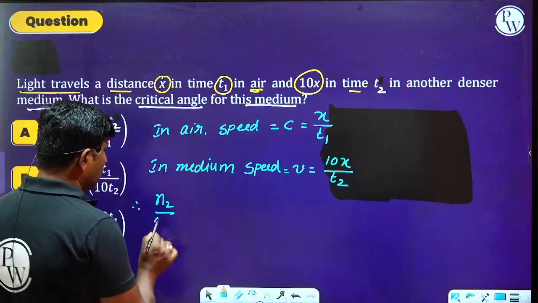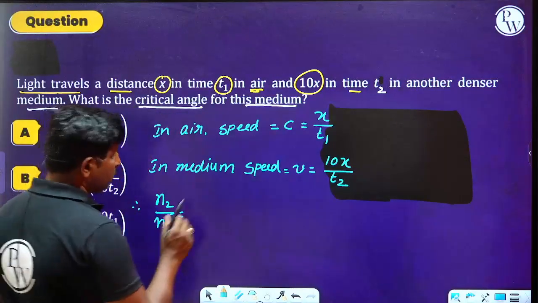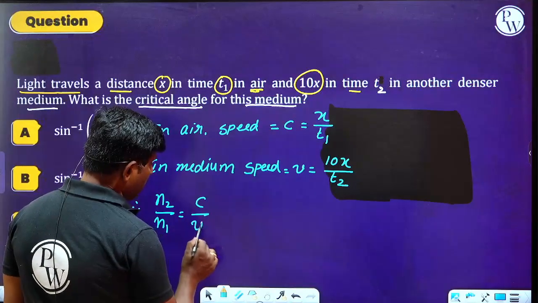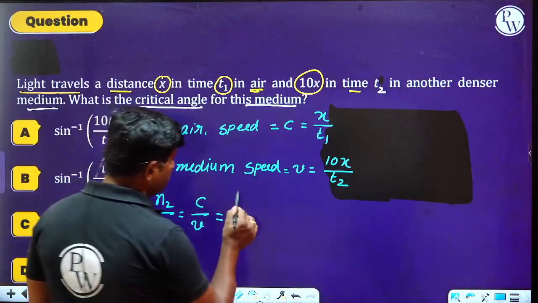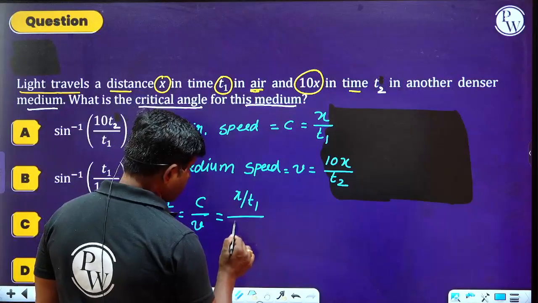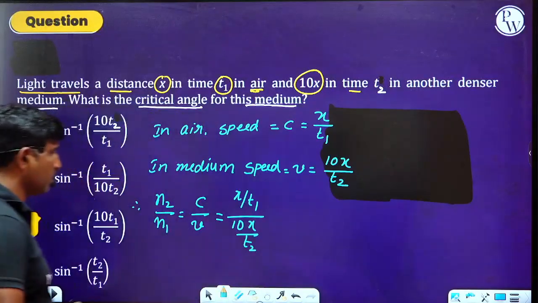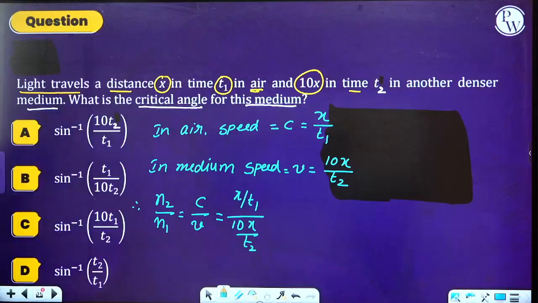That is n2 divided by n1, which is equal to c by v. Here c is x divided by t1, and v is 10x divided by t2. Is it clear? We can calculate c by v here.